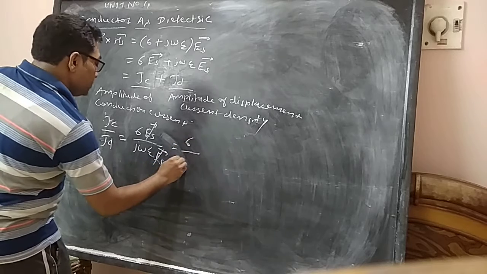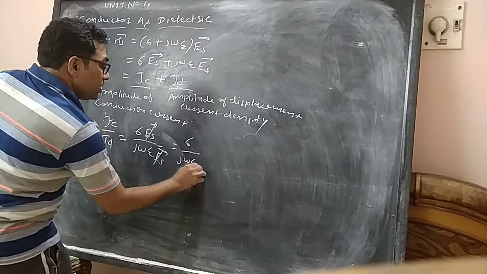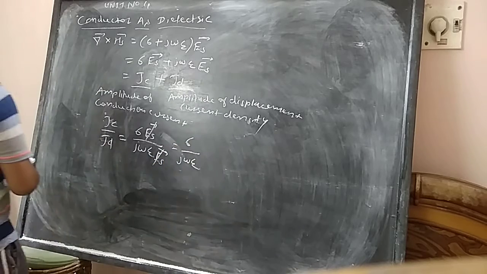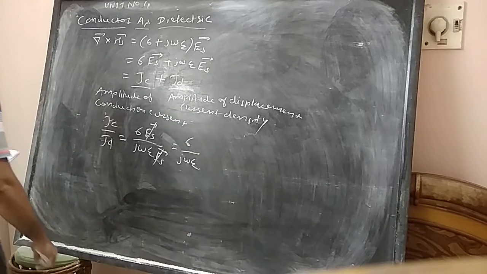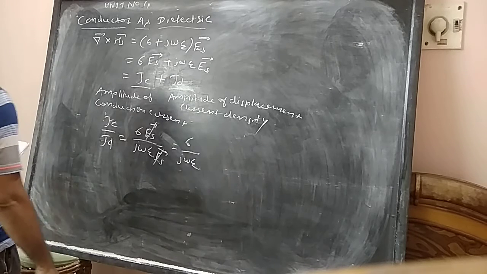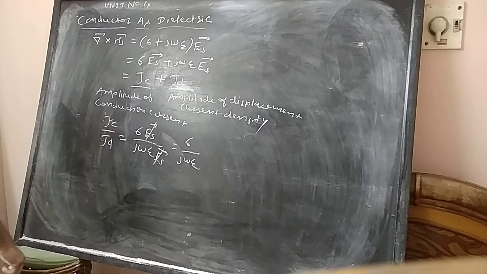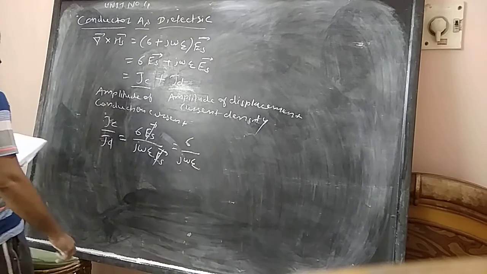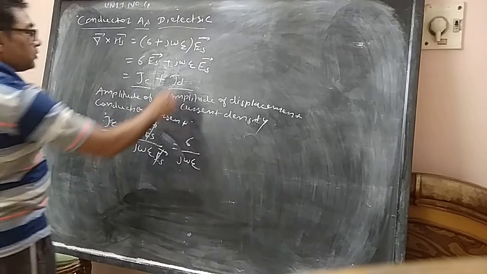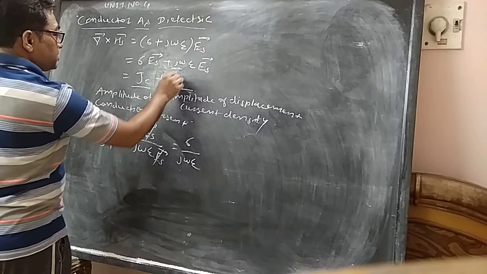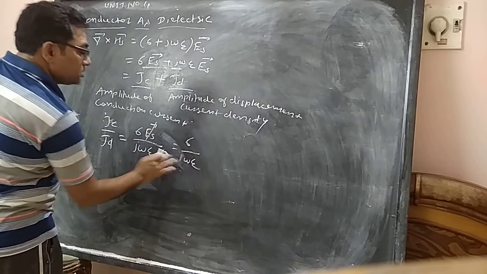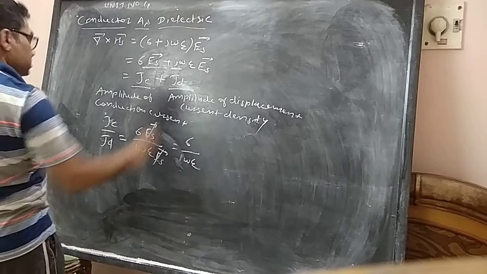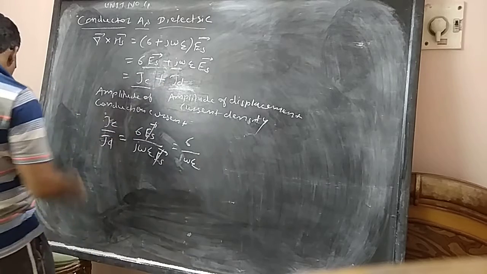So the value will be sigma upon j omega epsilon. Now here, note that j is the imaginary component and this is the real component, so we can't take the value of j, since it is nothing but the imaginary component.